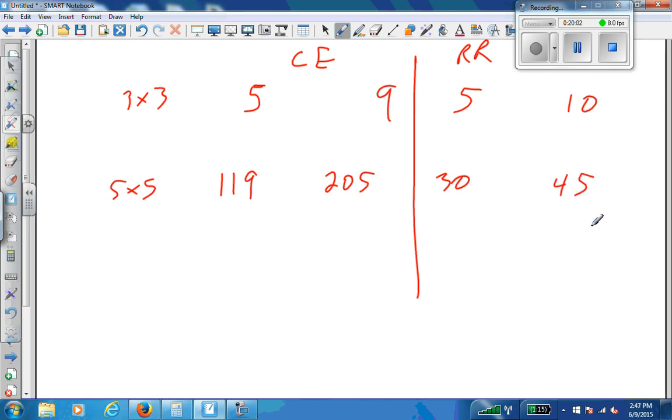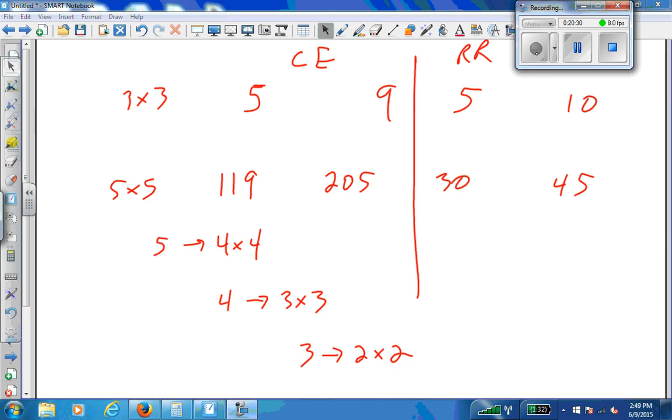additions, 45 multiplications. Because think about it, if you have a 5 by 5, you're going to have to do five 4 by 4s, and then for each 4 by 4, you're going to have to do four 3 by 3s, and then for each 3 by 3, you're going to have to do three 2 by 2s. So you can see, even with the 5 by 5, you can get into having to do lots and lots of cofactor expansions because they're nested.